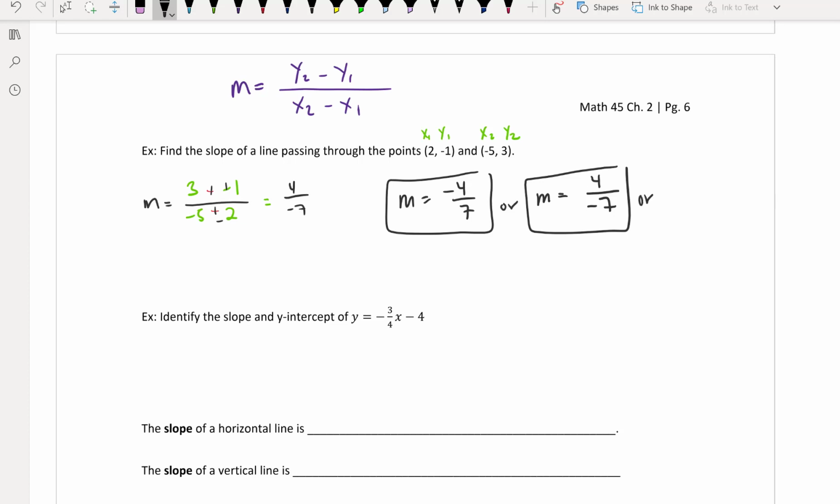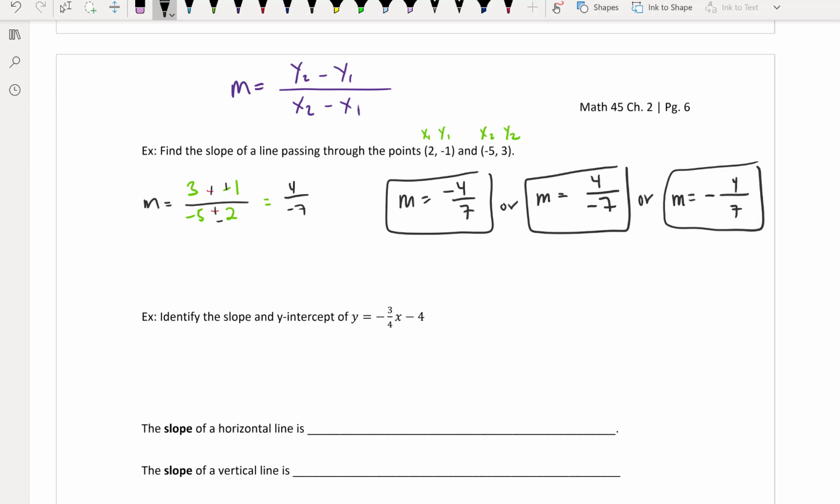These all mean the exact same thing. I can even have said -4/7. So -4/7 is the same as 4/-7, which is the same as negative a fraction 4/7. Those all mean the exact same thing. It just means that your fraction is indeed negative.